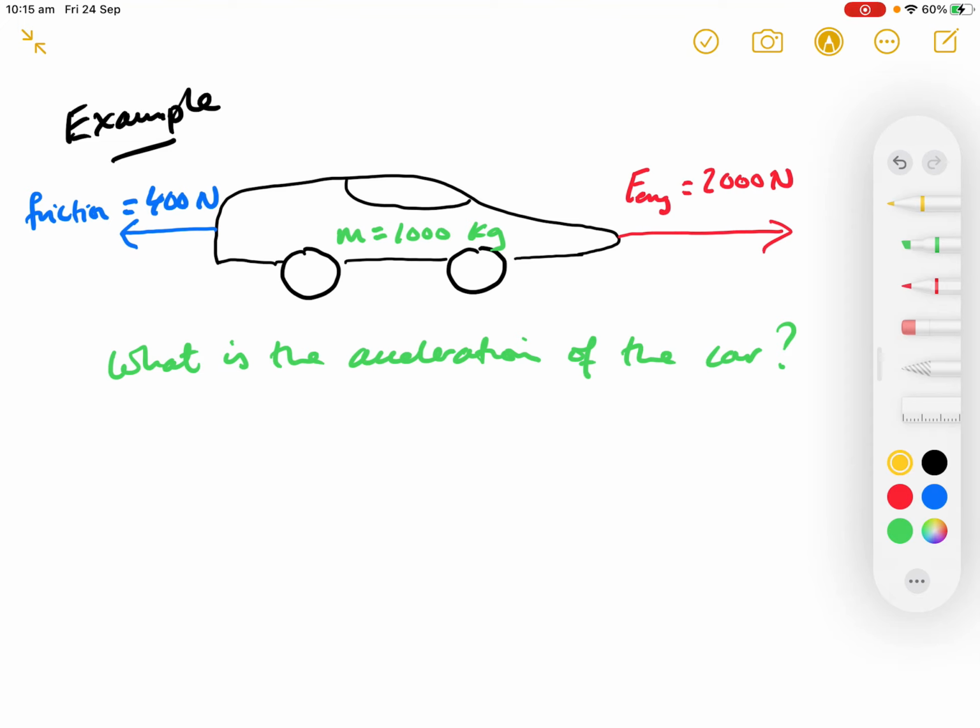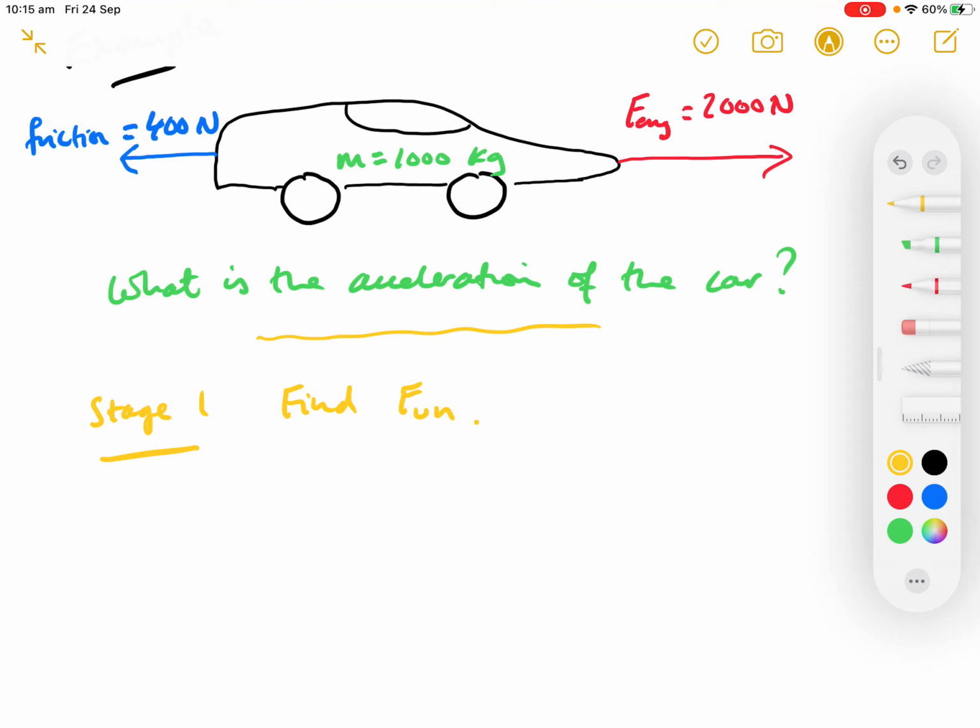Okay, so stage 1 in the solution is basically to find the unbalanced force. So I'm on the actual solution now.